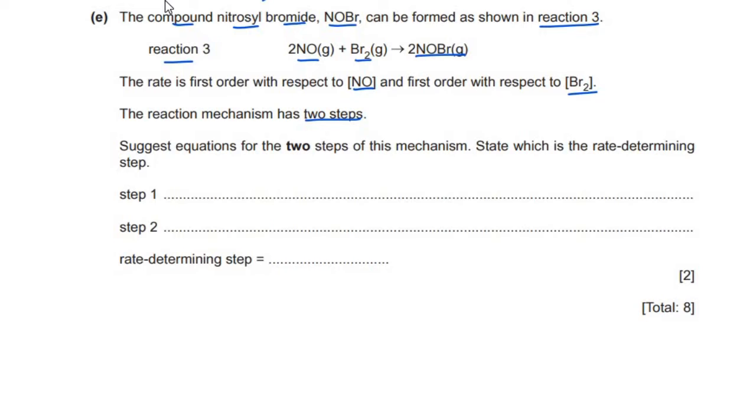Suggest equations for the two steps of this mechanism and state which is the rate determining step. Now we know that it is first order with respect to NO and bromine, and the bromine used here is one molecule. You can make any mechanism of your own, but we need to keep in mind that NO and Br2, that is bromine, are first order with respect to our reaction.